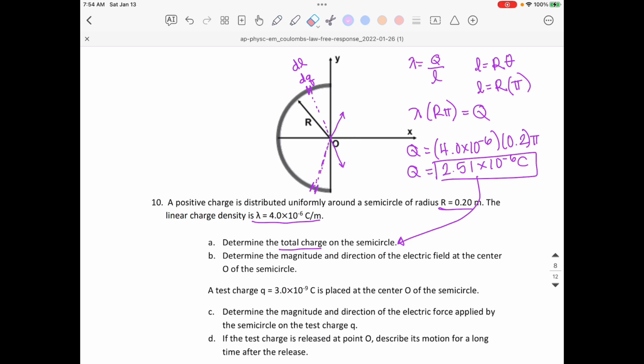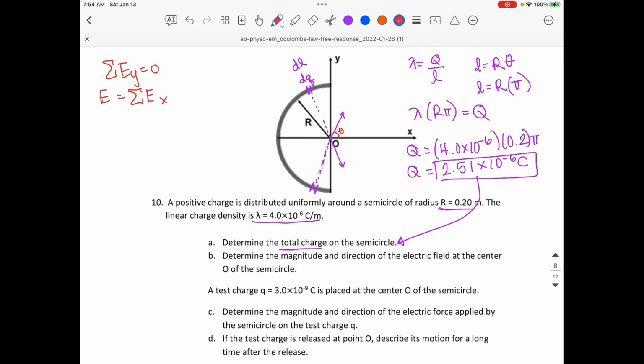So we can write that out here. The electric field in the y direction is equal to 0. So the electric field in total is going to be the net electric field in the x direction. So the next thing we're going to do is identify an angle, theta, and we're going to use the x component, which is cosine theta.